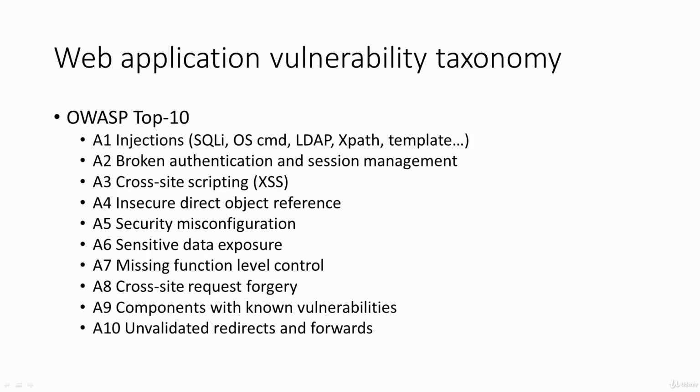So if you somehow can manipulate the input that the web applications use to form those forward and redirect URLs, that's the unvalidated redirects and forwards vulnerability by definition. So if you can influence where you will be redirected for further processing, you successfully exploit that. What can be the possible harm of that?